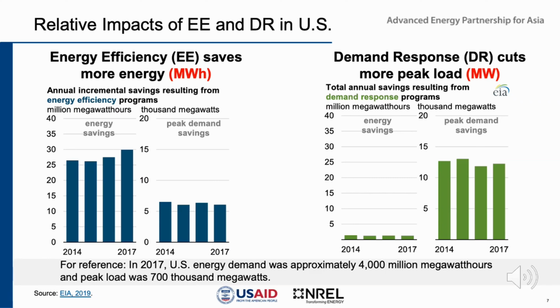Again, we see that in the year 2017, approximately 12 gigawatts of peak demand was saved through demand response. When you compare that to the national peak load of 700 gigawatts, it may not seem that impressive, but like energy efficiency, these impacts build up over time in a cumulative way.